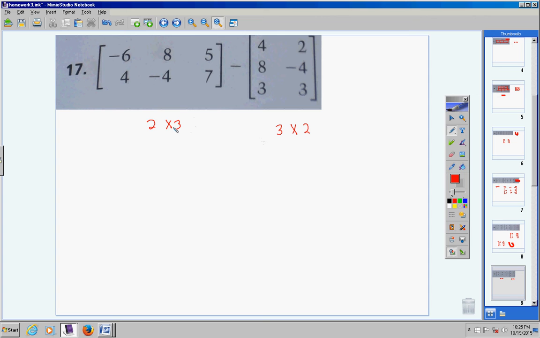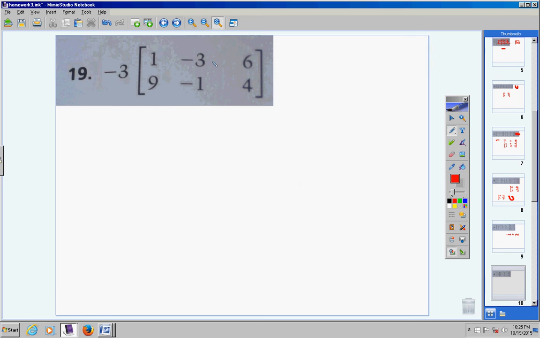This is a 2 by 3, this is a 3 by 2, not even close. So your answer is cannot be subtracted or cannot be combined or cannot be solved. Whatever you want to put, okay? Undefined, no solution. All of those would be fine, okay? Cannot be done.